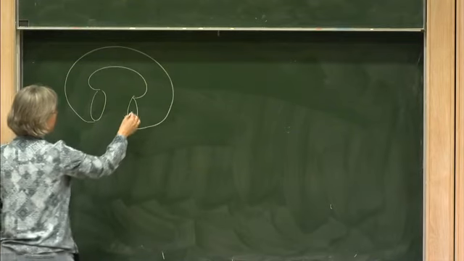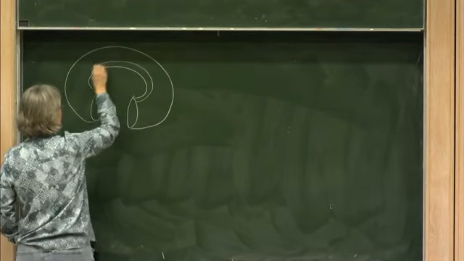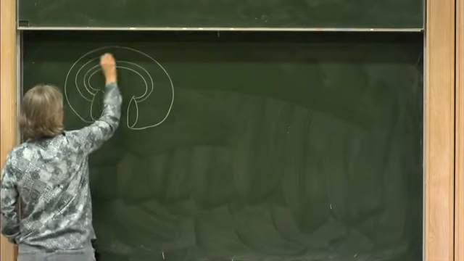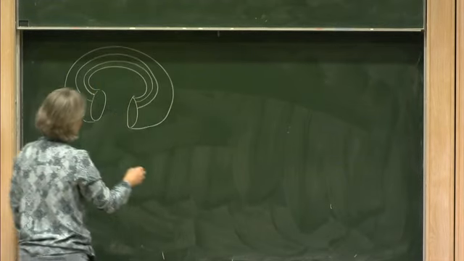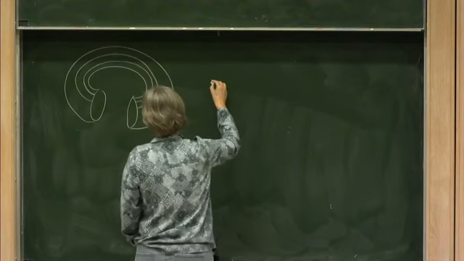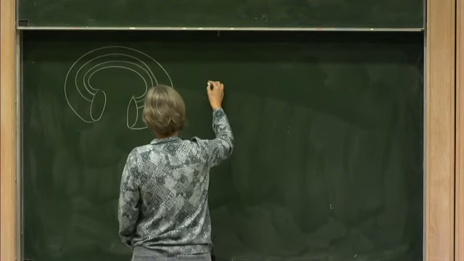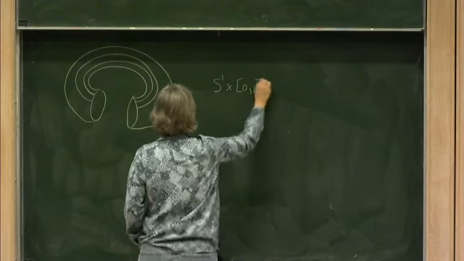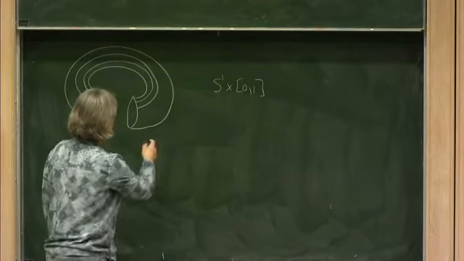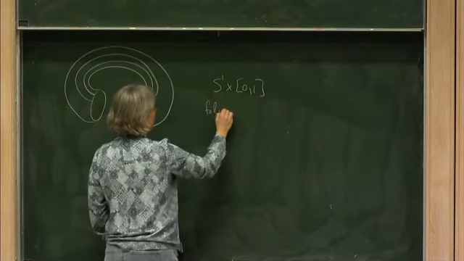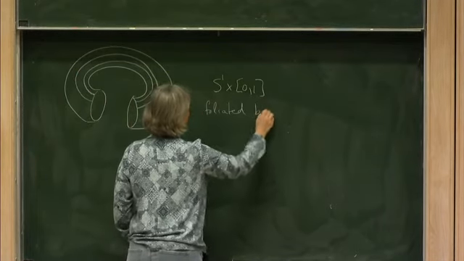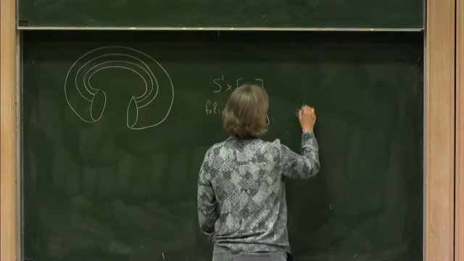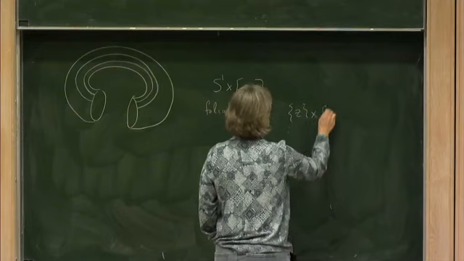And I can think about just foliating the cylinder by intervals. So my cylinder is S1 cross [0,1], foliated by the Z cross [0,1]s.